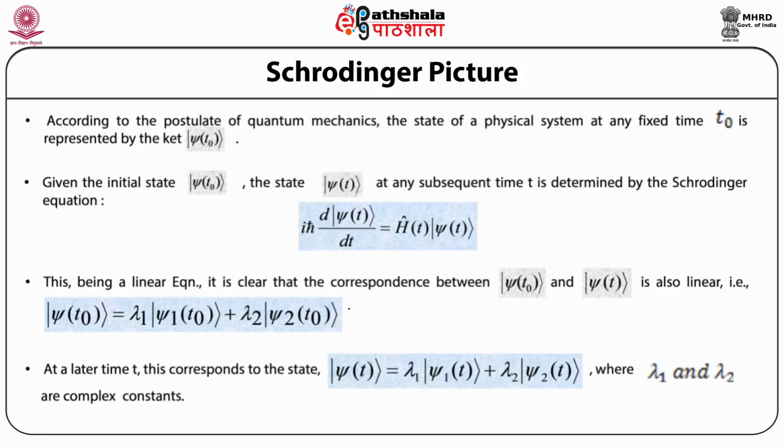Now, the time variation of the expectation values. In order to calculate the time variation of the expectation values, the rate of change of the expectation value of an operator A of the observable A is given by the time derivative of the expectation value of operator A, which is the time derivative of bra psi, A, ket psi.